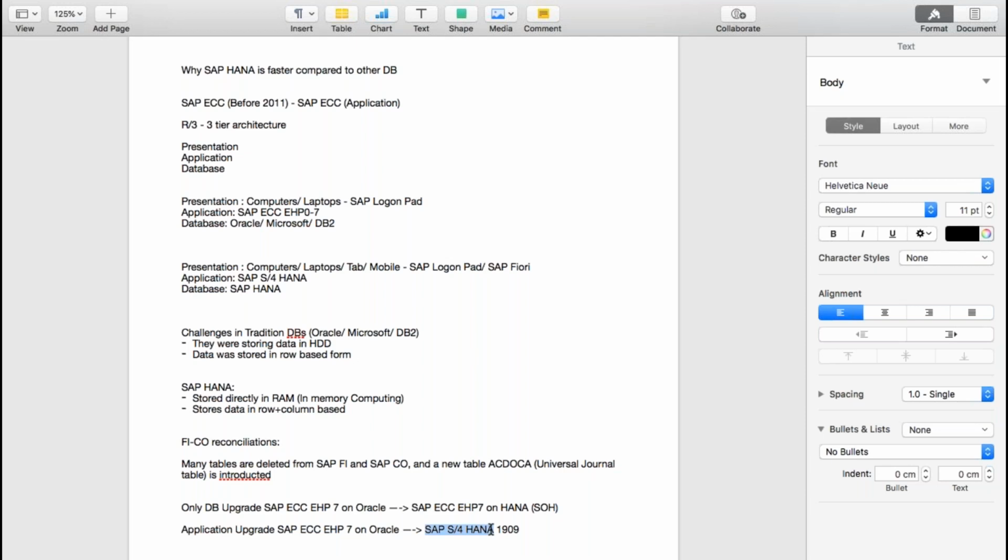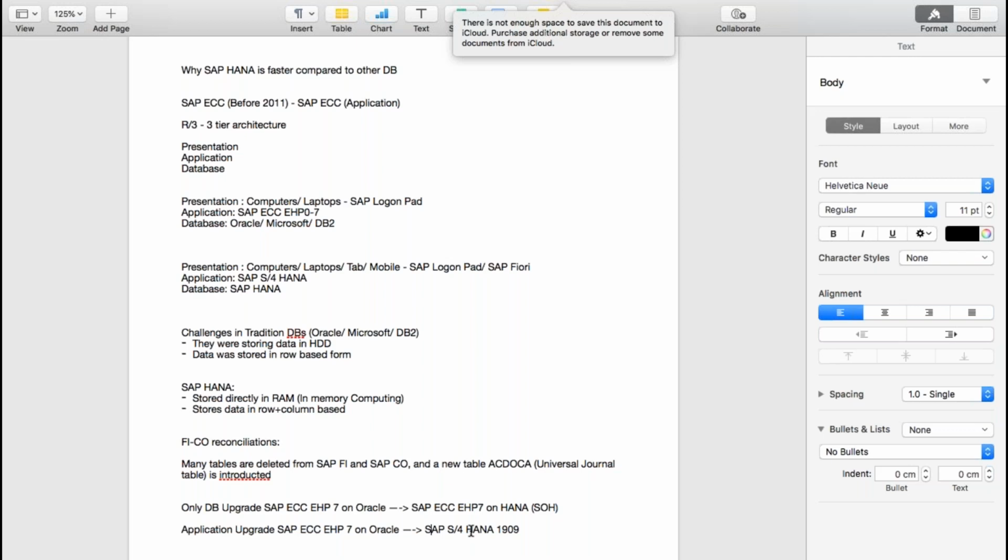I see. So that means when you're doing an upgrade, you're doing a technical and a functional upgrade, right? For functional, you're saying it is an application upgrade, correct? Exactly. And if you are now talking about the database upgrade, this is only the technical upgrade. But when you are doing the SAP S4HANA upgrade, this is a technical as well as functional upgrade.